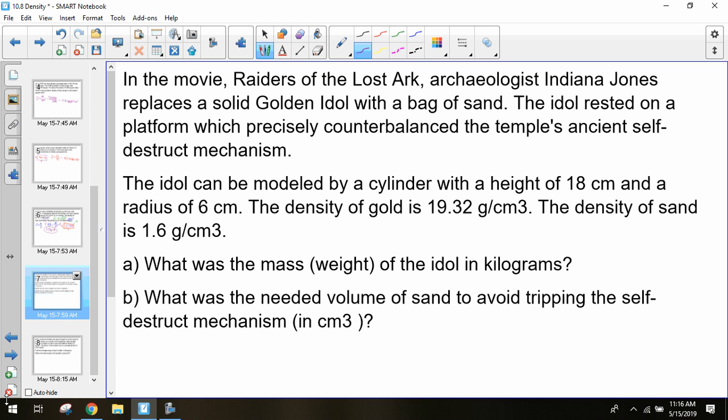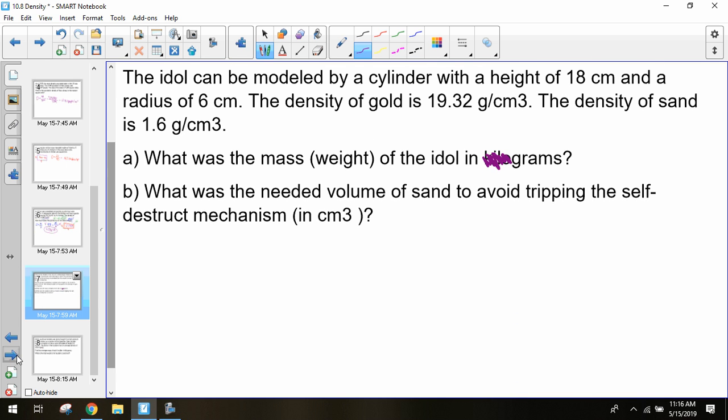And then we want to find the volume of the sand that is needed to replace the idol. So, we have a bit of information. Helping Indiana Jones.